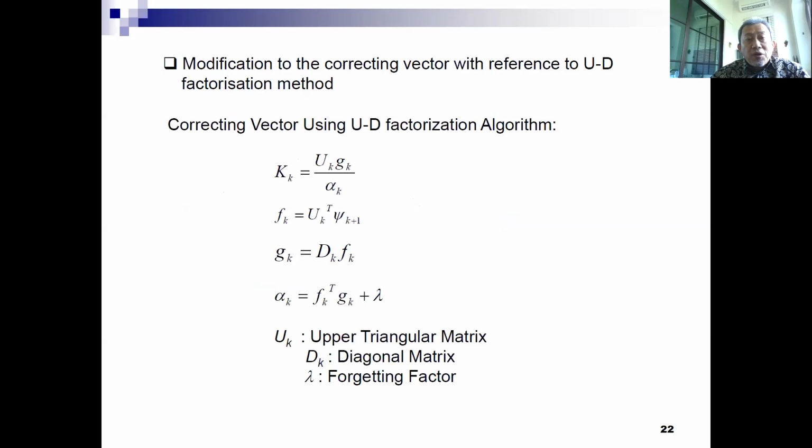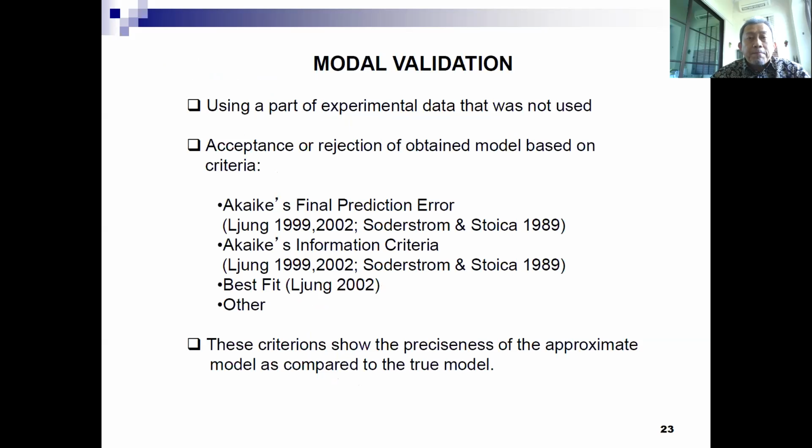So there are some modifications using the correcting vector, using the UD factorization algorithm to estimate the parameters. That's why in model validation, once we have the mathematical model, we will use several tools to measure the error.